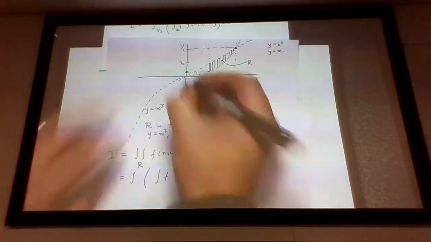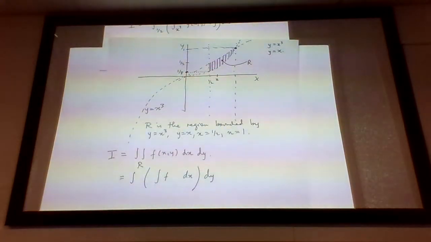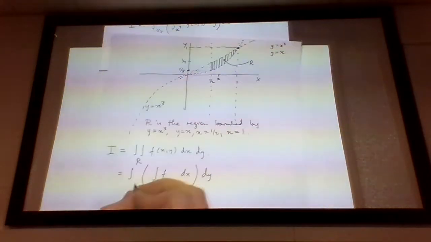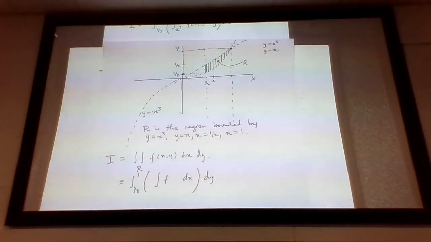So this is the y value 1/8, the cube of a half. So we have to integrate all the way from y equals 1/8 up to y equals 1. You always work from the outside in.